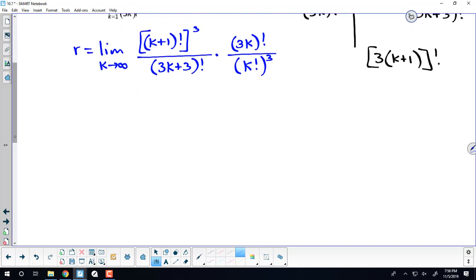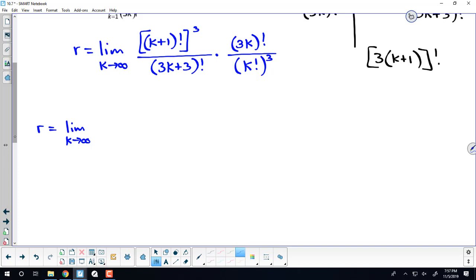So we're just going to break this up. Whenever you use the ratio test, you want to focus on the kth term and express the k plus 1 term, as much as you can, in how the kth term looks. That way those things will cancel out.